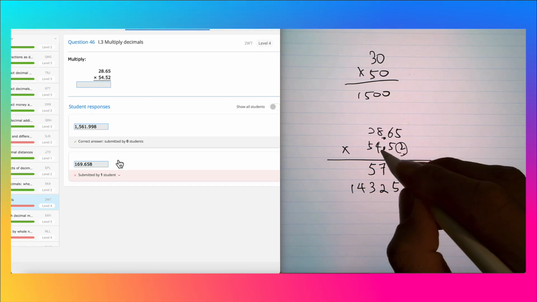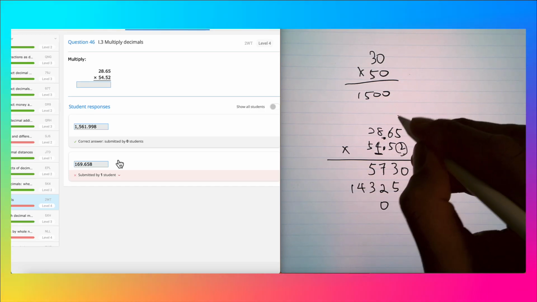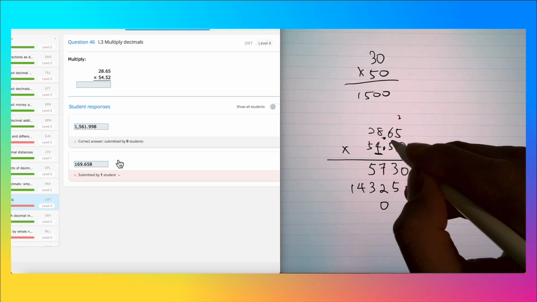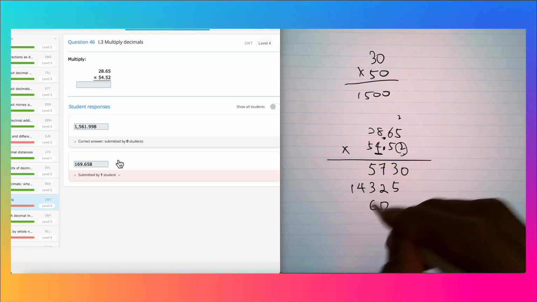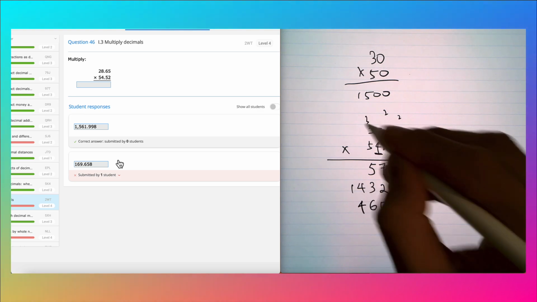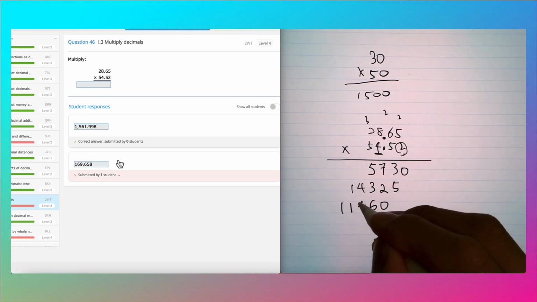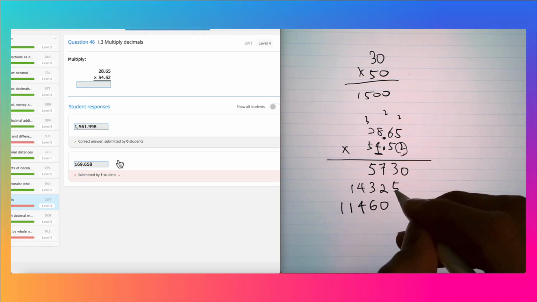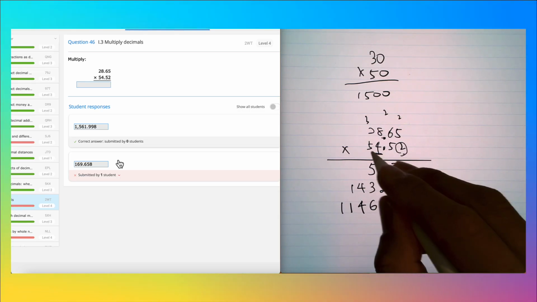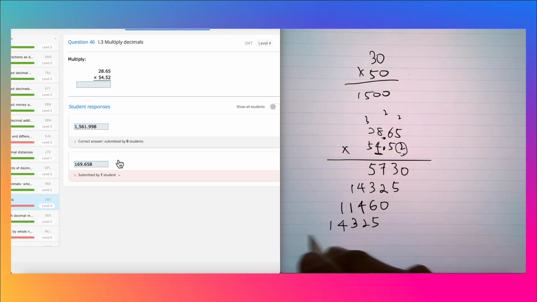Now I'm going to do this one. 4 times 5 is 20. 24 plus 2 is 26. 32 plus 2, 34. 8 plus 3 is 11. Now for the last one, we can just copy this, right? We have the same number. So I'm going to say 5, 2, 3, 4, 1. Save your time.